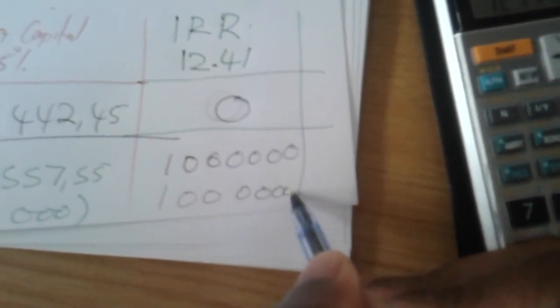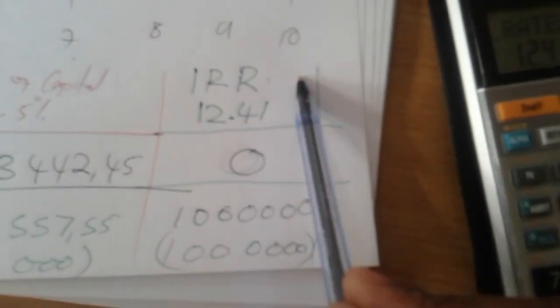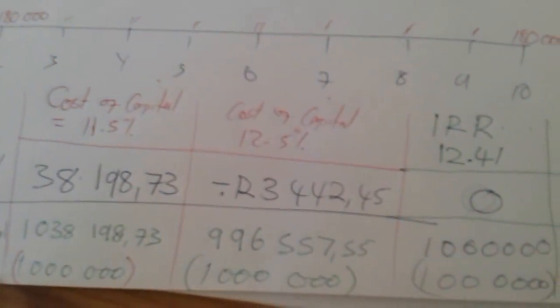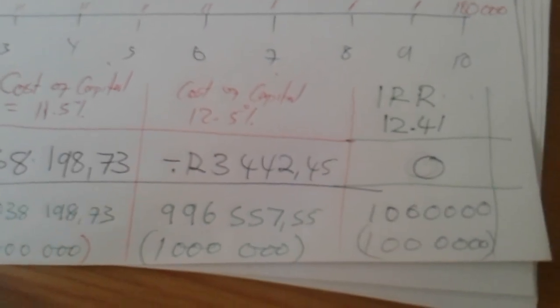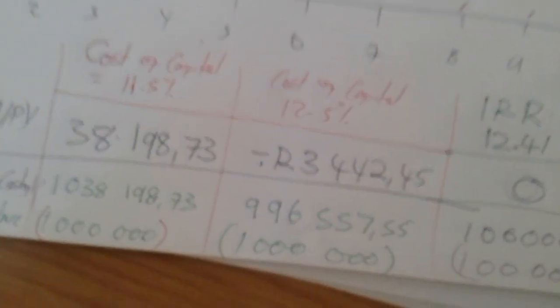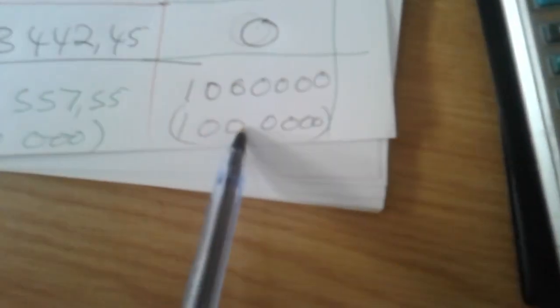So 1 million minus 1 million is 0. Remember we said internal rate of return is a rate that causes the present value of inflows to be equal to the present value of the investment. So at IRR, NPV is 0.